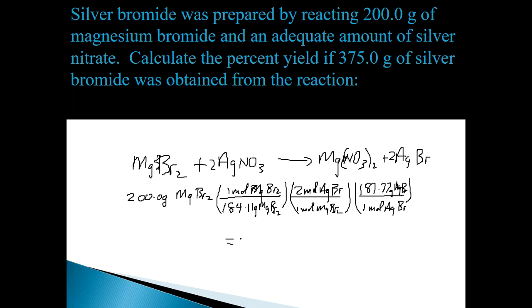So let me do that calculation here. 200 divided by 184.11 times 2 times 187.77, and according to my calculation, this works out to be equal to 408 grams of silver bromide, AgBr. So this is the theoretical yield.